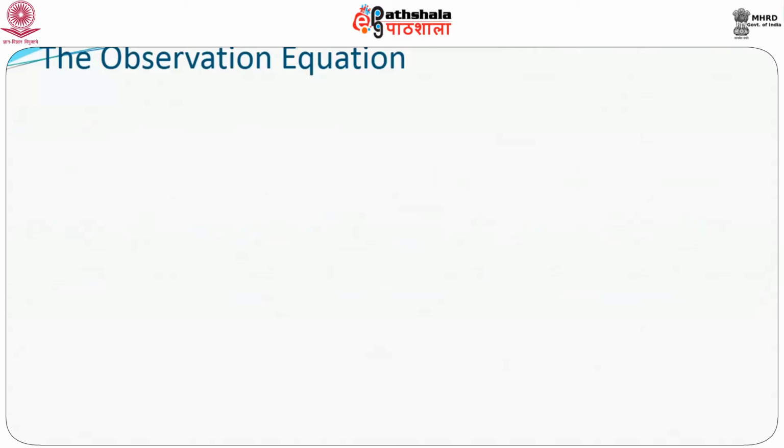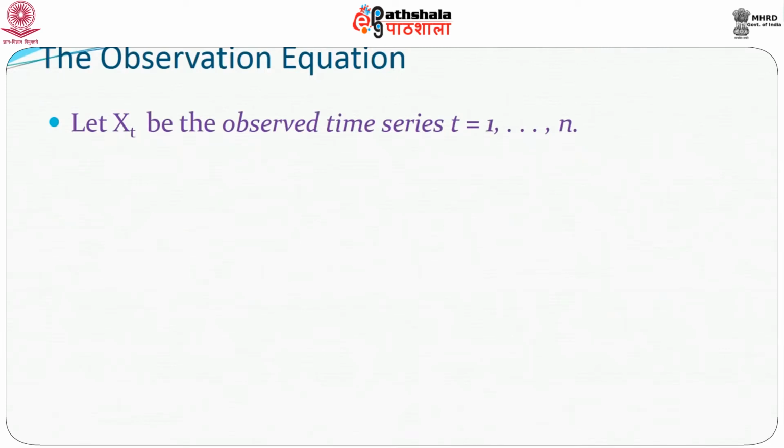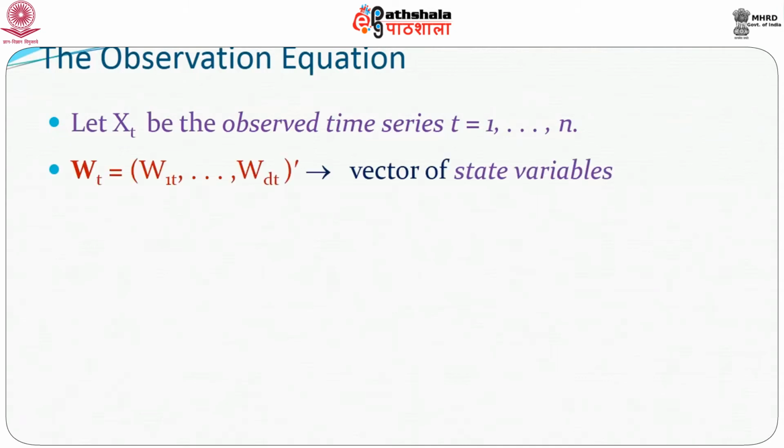So, first we have the observation equation. x_t is the observed time series, t running from 1 to n. So, we have n observations, and w_t is a vector of state variables. So, there are d state variables w_1t, w_2t, ..., w_dt, which we put into a vector form.